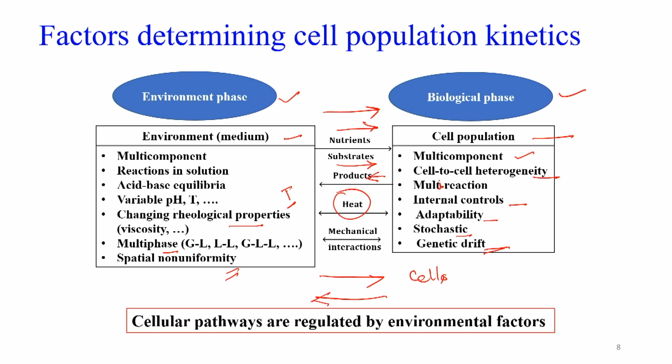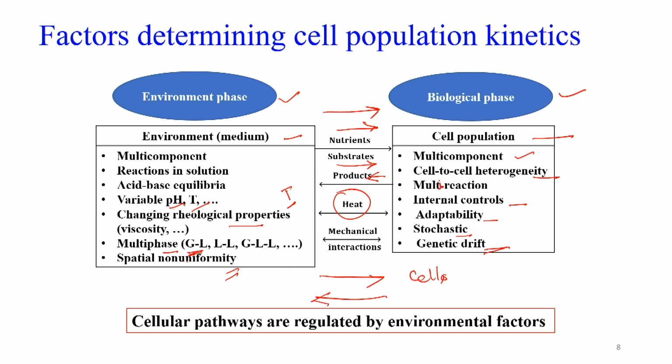Further, as I told initially, pH, temperature, ionic strength and rheological property change with time. In fact, take a simple example of an aerated system. In this, gas is dispersed into the liquid. A simple example of a gas-liquid system.